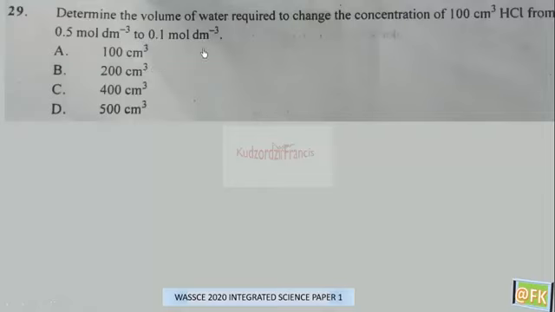Determine the volume of water required to change the concentration of 100 centimeters cube HCl from 0.5 mole per decimeter cube to 0.1 mole per decimeter cube.